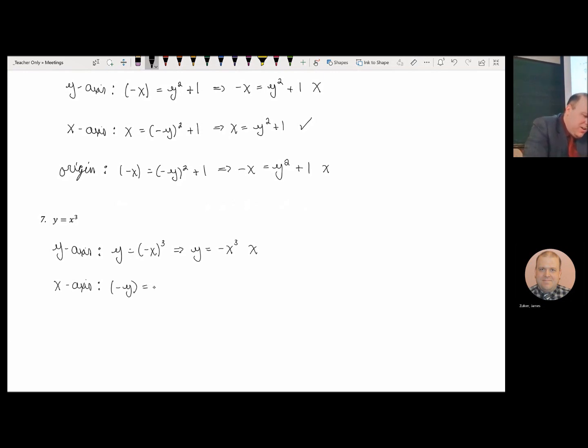Replace y with negative y. Negative y equals x cubed, so we don't have symmetry about the x. Check out the origin.